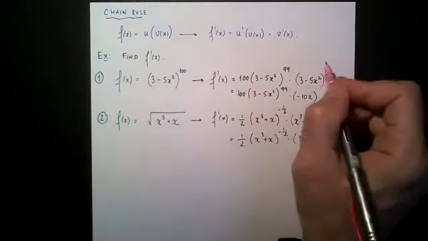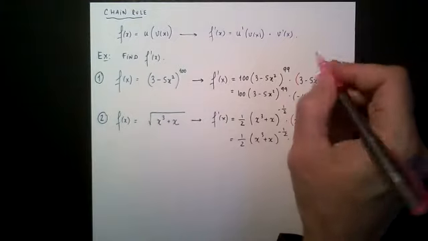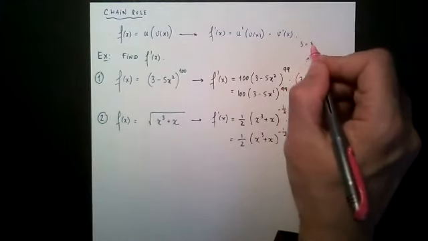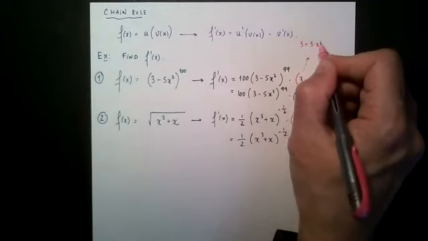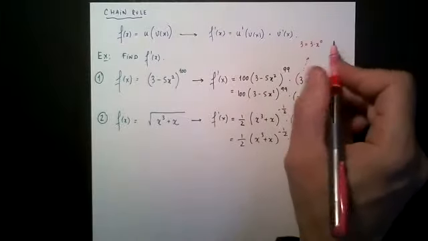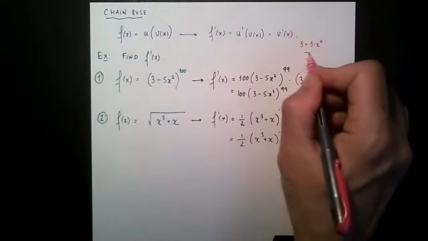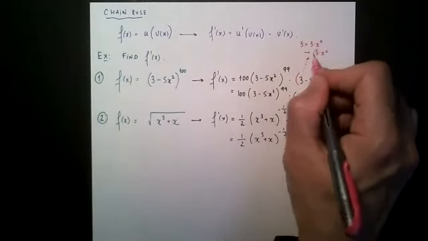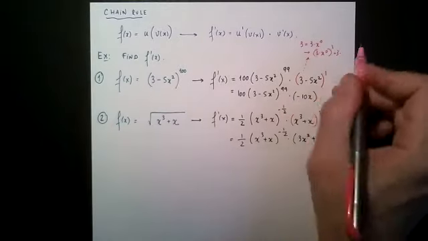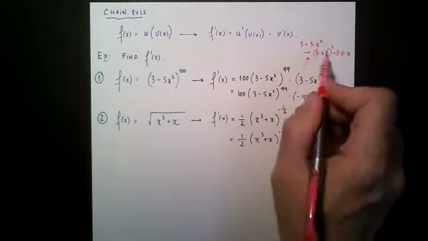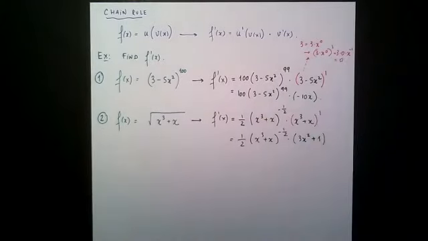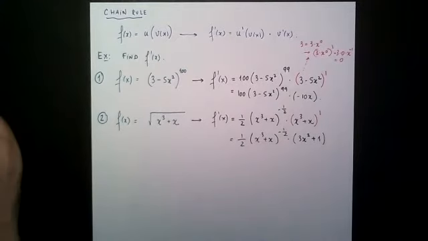I'm going to do it right here. 3 is the same thing as 3 times x power 0. If you do the derivative of this, 3 times x power 0 prime will be 3 times, you put the 0 in front, times x power 0 minus 1. Okay, I see. And that is equal to 0. All right, thanks, sir. Okay, good.